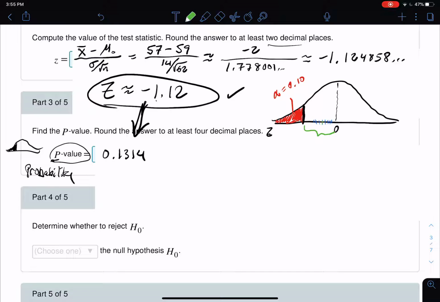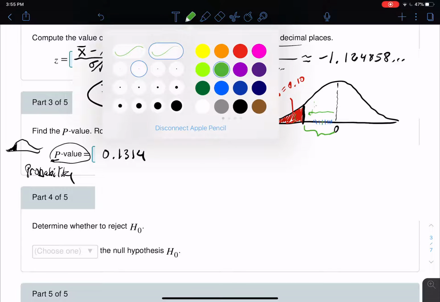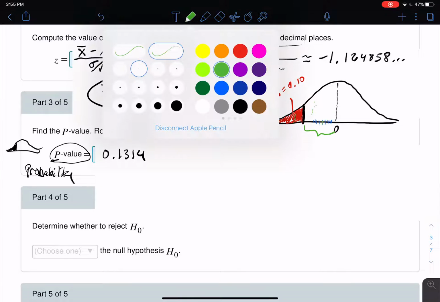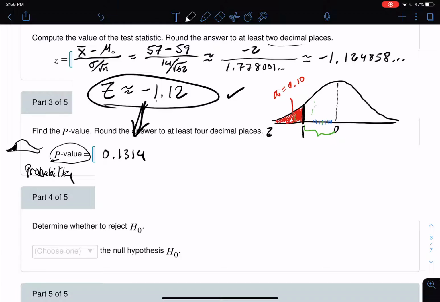I'm talking about area, so it gets a little bit sloppy. But if the area is somewhere in this region to the left, then that's bigger than this little red tail. If my p-value, which is the area, is smaller than this tail, then I'm going to have to reject, because it's all about how far away from the mean it is. And once again, this is going to be our dividing value that tells us if we're going to reject or not.